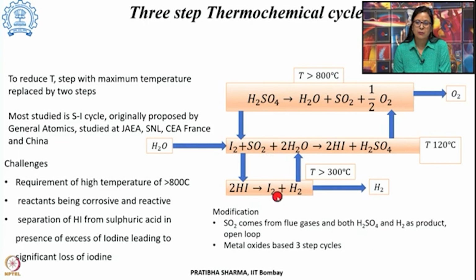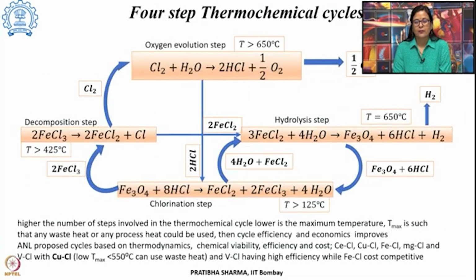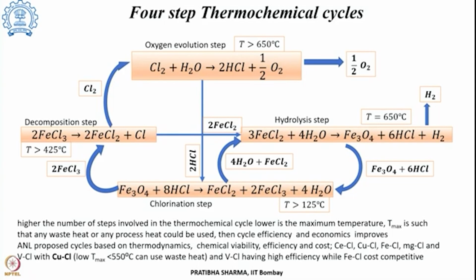Other than that, the other modification suggested is that we can also introduce a third step in the two step processes that we have seen, that were metal oxide based. Now, if we include one more step, then, so we know that the higher the number of steps involved in the thermochemical cycle, the lower will be the maximum temperature required in the endothermic step.